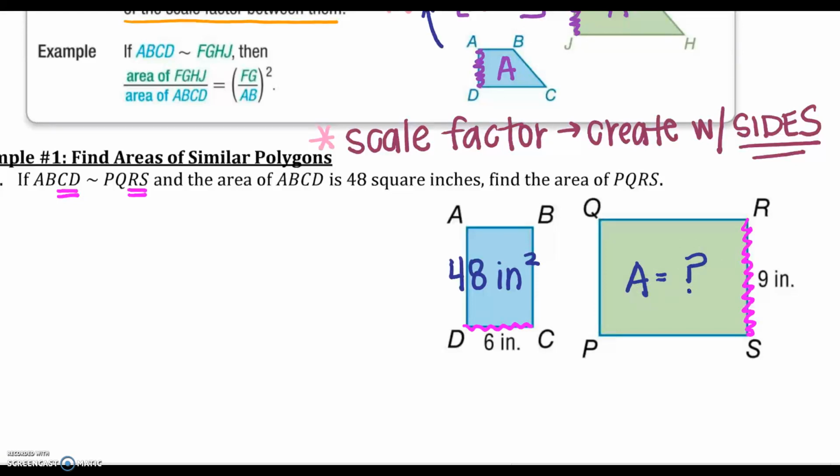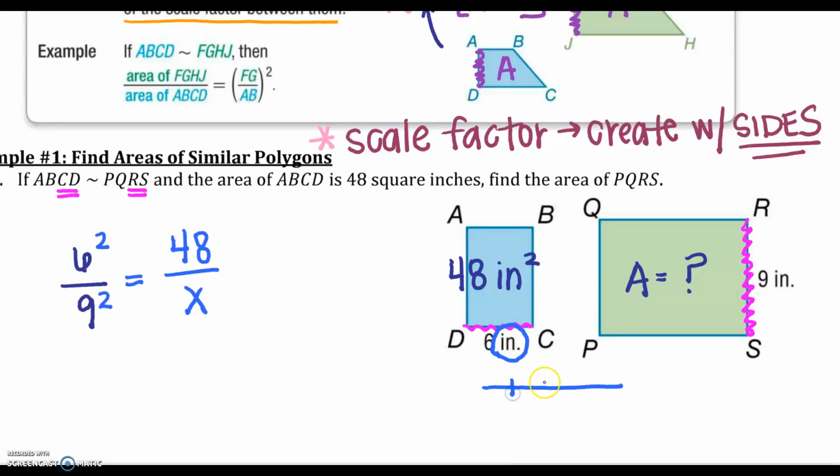So I'm first going to start out with my side length, 6 over 9. And I'm going to square those numbers, so 6 squared and 9 squared. I need to do that so I can use it with my areas. I don't have to do anything to my area numbers. I just have to do it to my side length, because if you notice, inches is just an inch, so that would be like a 1 dimension.